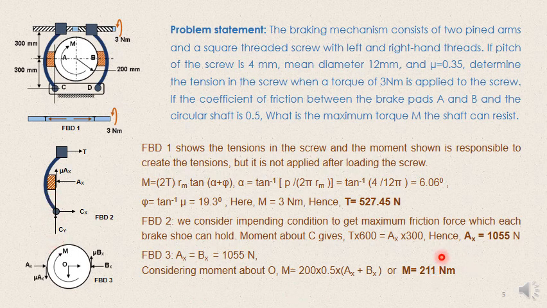So from here we can calculate the maximum moment that can be transmitted, because this is the maximum friction force this particular body can offer. By virtue of Ax and Bx being the same and mu being the same, both are creating a torque opposing this moment. So the maximum moment which can be created is 211 Newton meter.